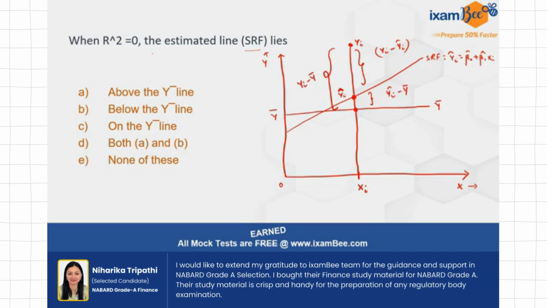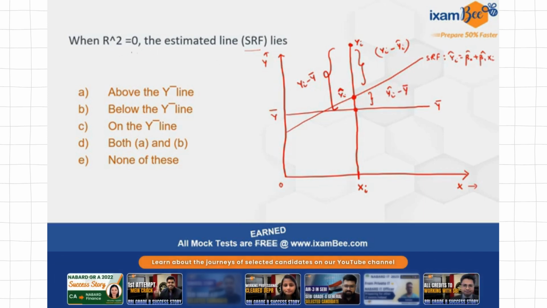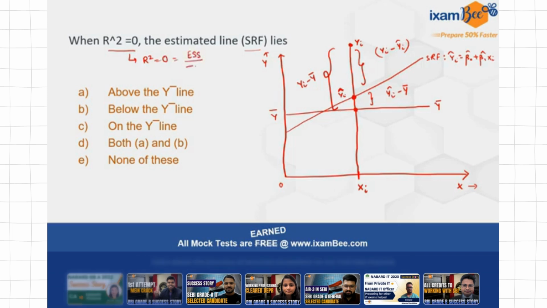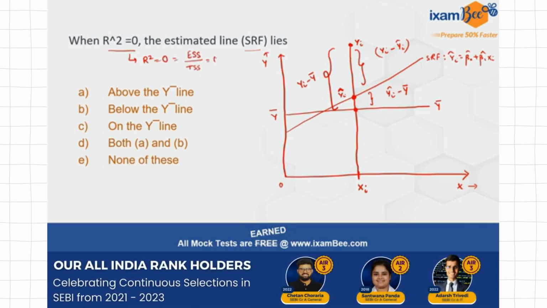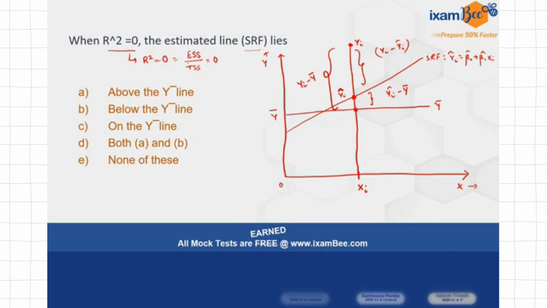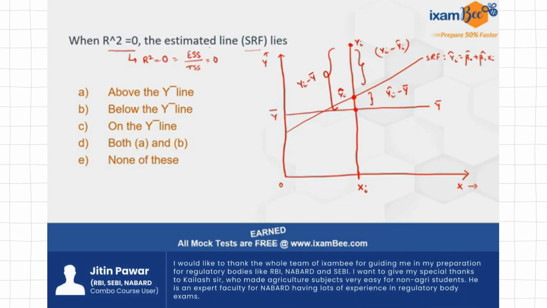Now, when we know that the R square value is 0, what does this tell you? R square equal to 0 means that the explained sum of squares divided by the total sum of squares is 0, so ESS is 0. This means that the explanatory variables do not have any explanatory power.